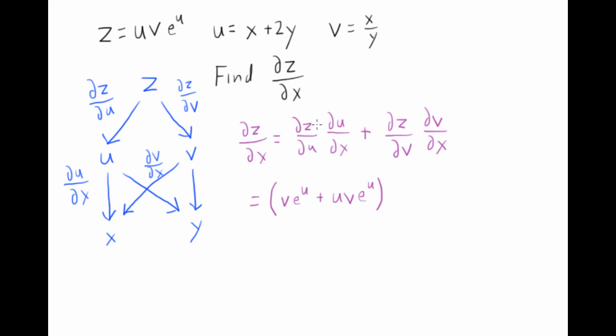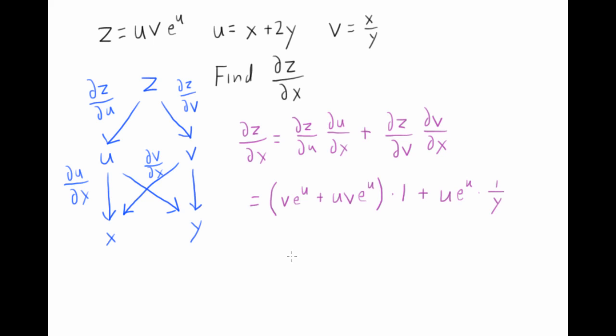Very ugly. Del u del x. Oh, thank goodness, that's nice. That's 1. Plus del z del v. The derivative of this is u e to the u. Del v del x. Alright, well that would just be 1 over y.